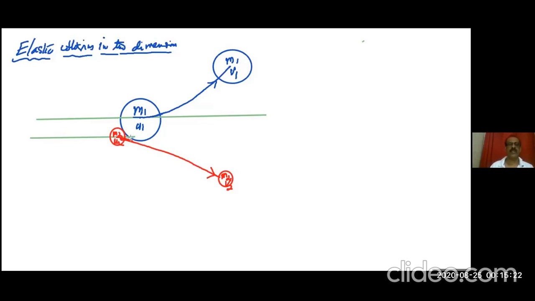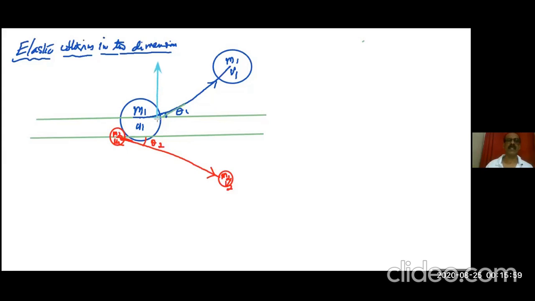From the actual direction, this turned an angle, this is theta 2. Similarly, from the actual direction, this goes to here, that is theta 1. Now these velocities we can resolve into 2 components, isn't it? Yes.